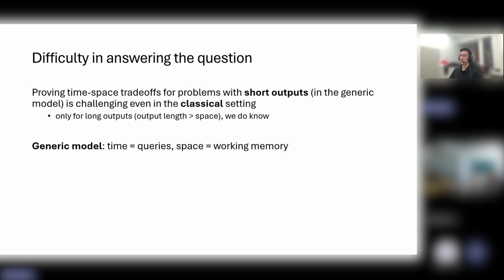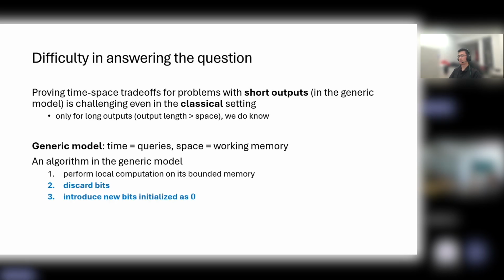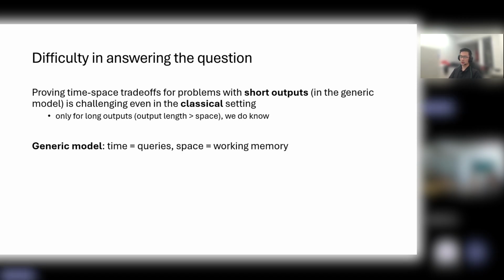So what is a long output problem? A long output problem is a problem where the output length is larger than the space you need to compute it. What does this mean? How do you compute a problem whose output is larger than your space?